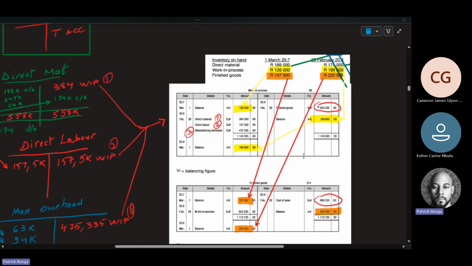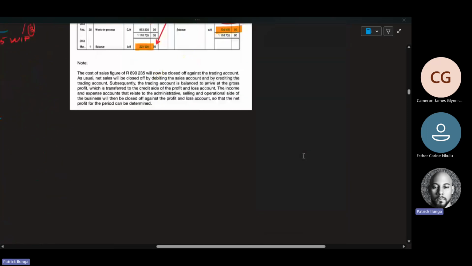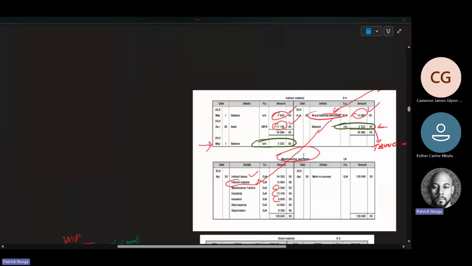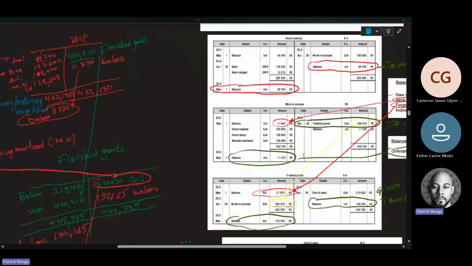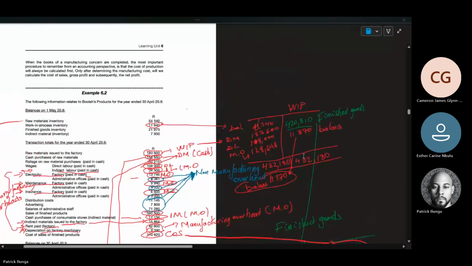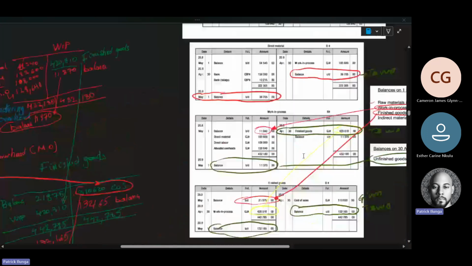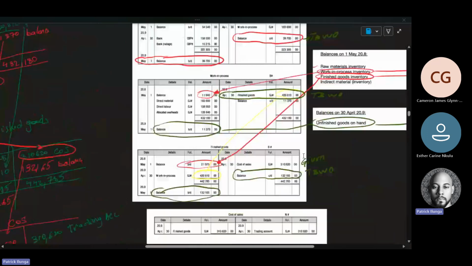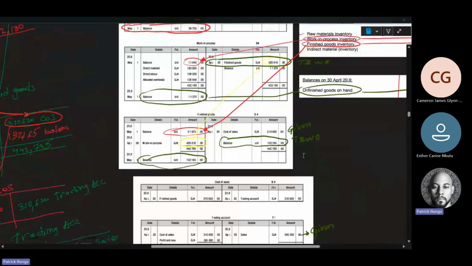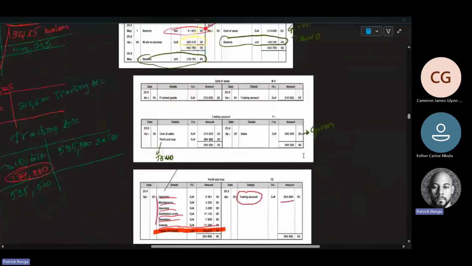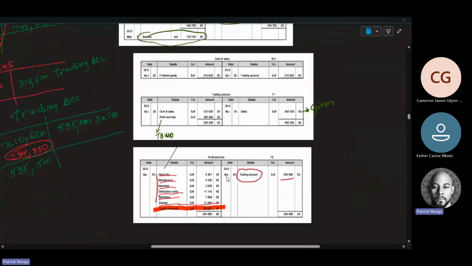And this is what I wanted to show you here: in this particular example, example 6.2, example 6.1 doesn't show you the cost of sales as well as the trading account and the profit and loss. So there is an account called profit and loss, but example 6.2 shows you.